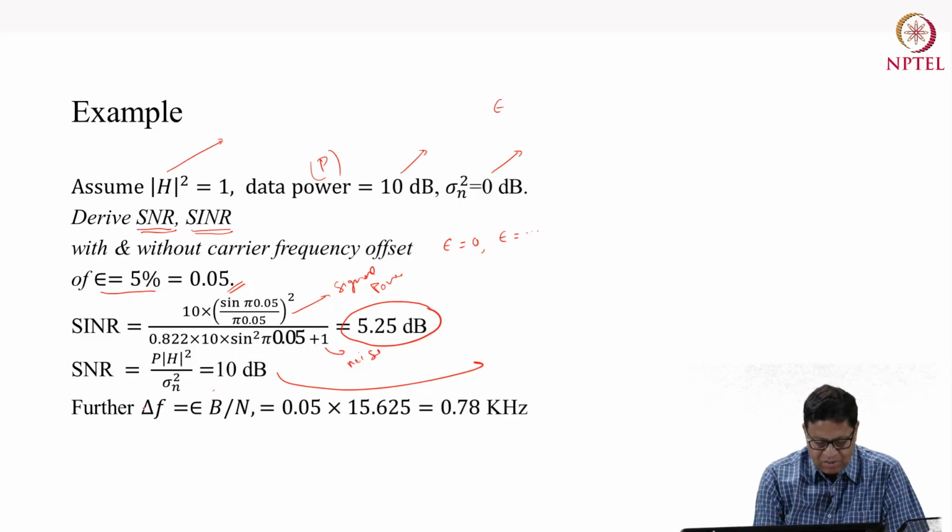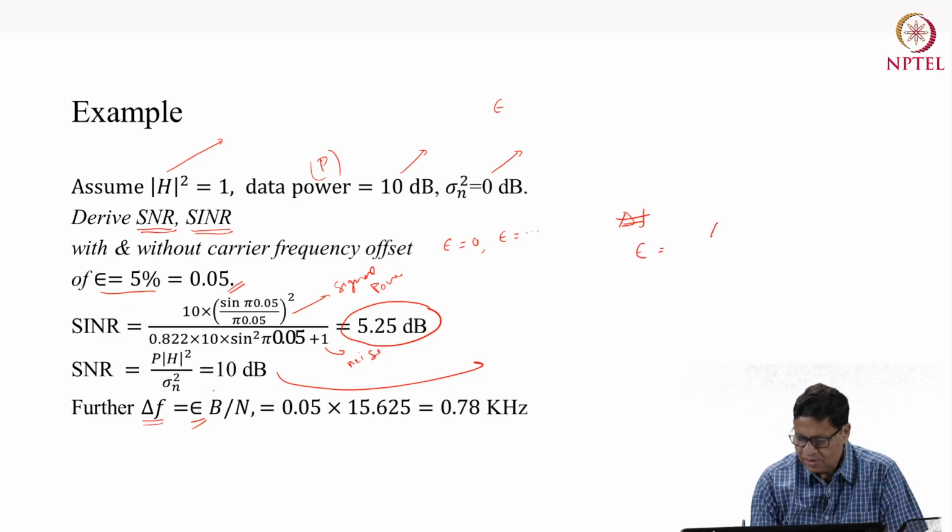Further, just to find out what this delta F frequency offset is. Epsilon is defined as delta F divided by B by N. So I am trying to calculate delta F from here.